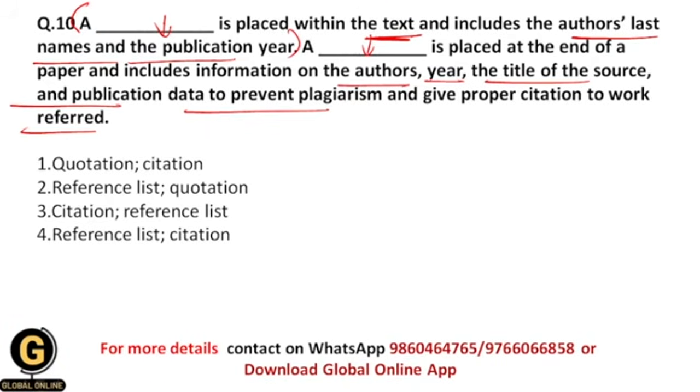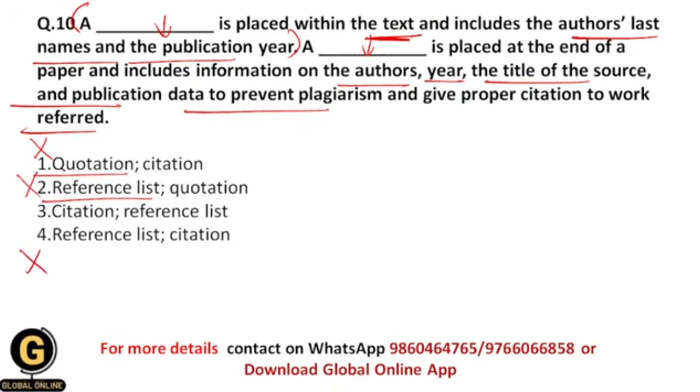So the first option gets eliminated because it is not called a quotation, and it is not called a reference list, because a list includes a lot of references, and here we are giving only one reference which includes the author's last names and the publication year, and this is placed within the text. That's why it could not be a reference list, so it gets eliminated.